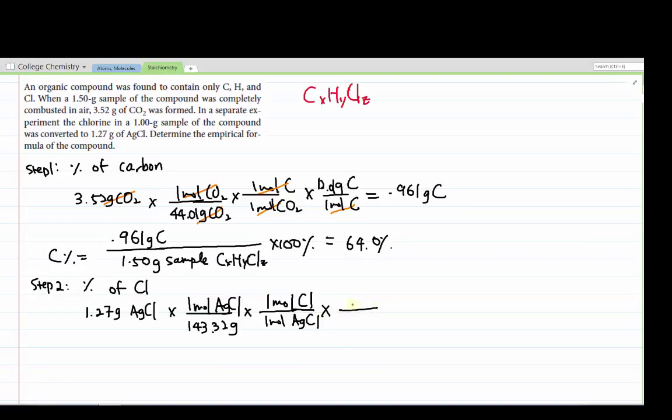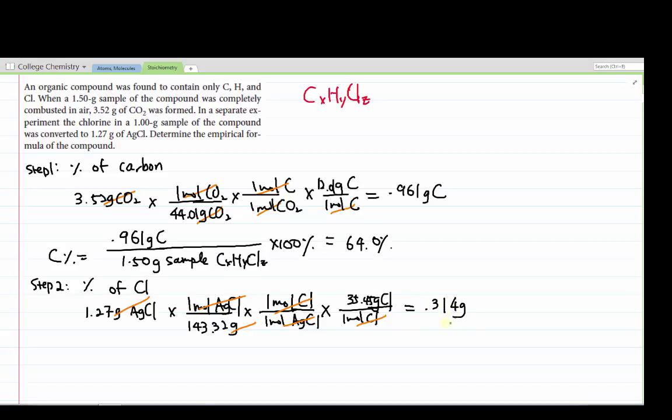Find the mass of chlorine. Again, you can find this from the periodic table and cancel out the unnecessary units. You're gonna get 0.314 grams.